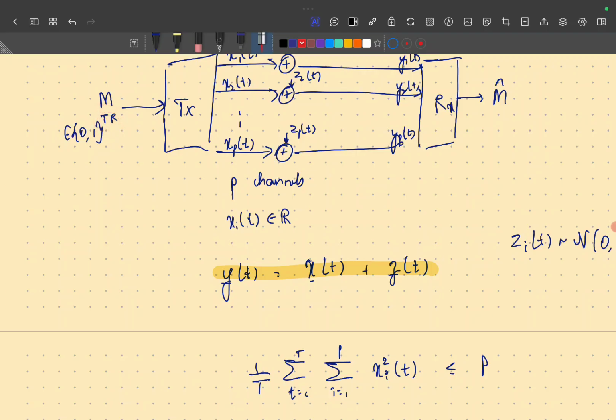So your message, this could be a file, it could be an image, it could be an audio clip, but the length of the message is capital T times R for some parameter R. And the goal is to make sure that R is as large as possible, because you want to transmit as many information bits as possible in T time slots.